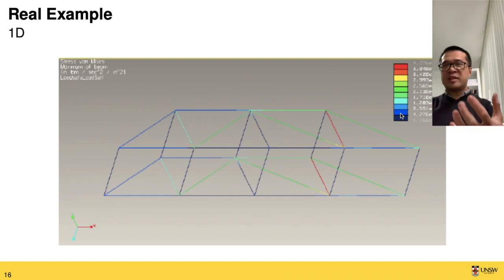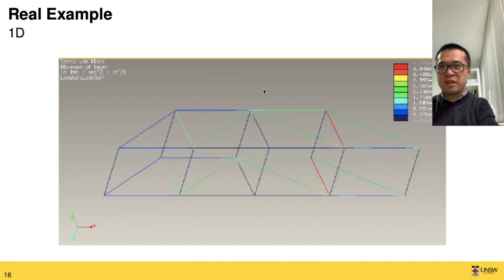If we look at some real examples, this is what you will see in your lab. In the one-dimensional case, you will have all these beams building a framework, and you can see the red bits are the points that withstand a lot of loading, and the blue bits are the parts that are not holding that much load.